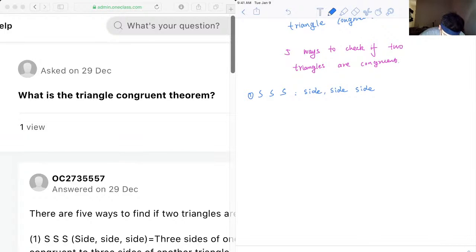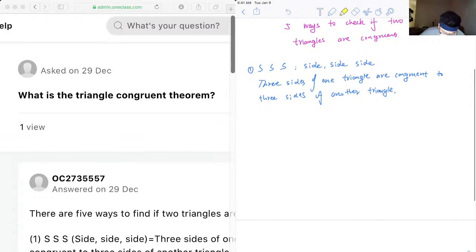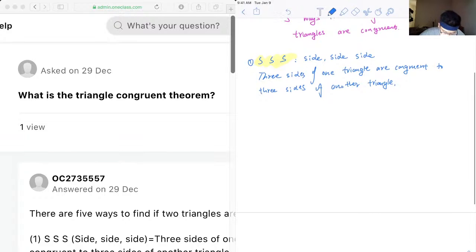Okay, so this means 3 sides of one triangle are congruent to 3 sides of another triangle. Okay, so that's what SSS stands for.